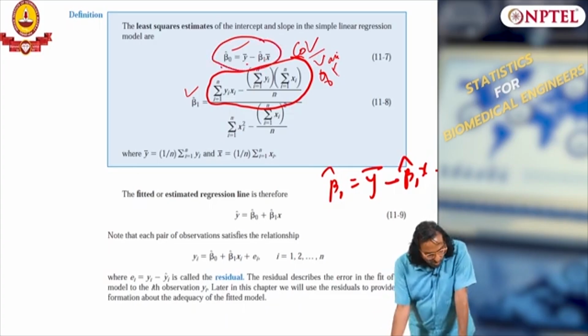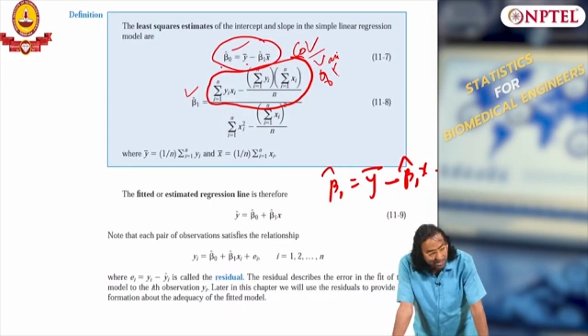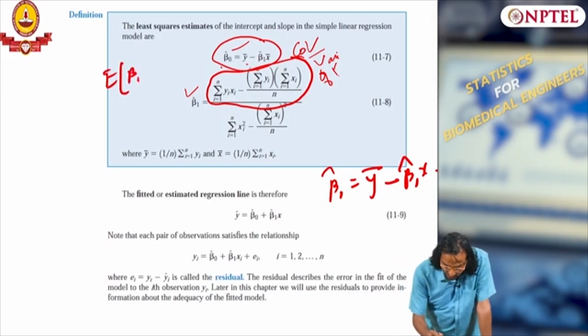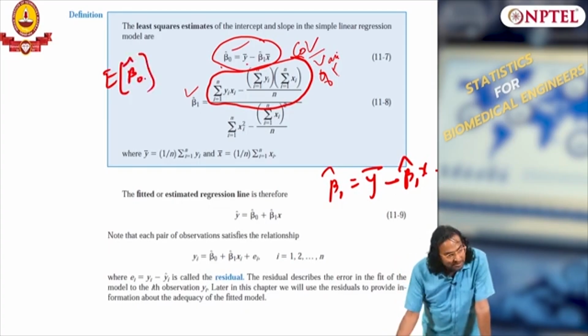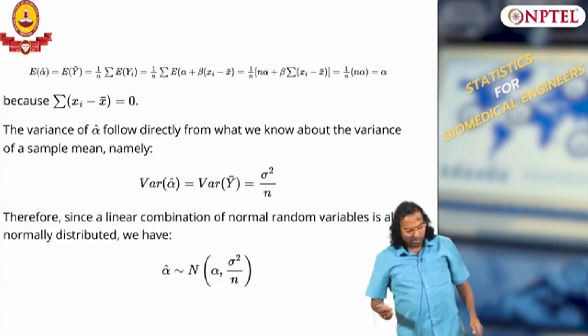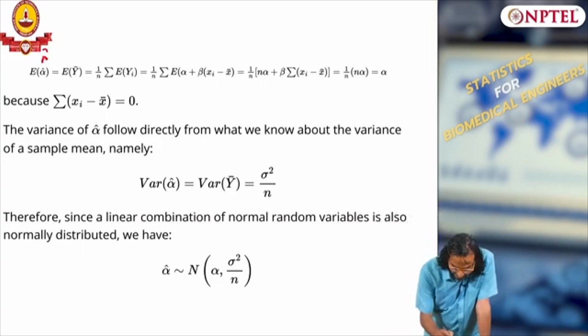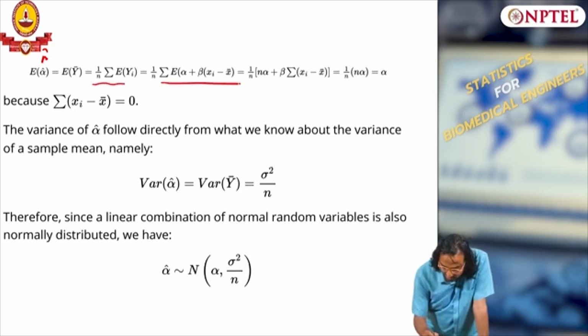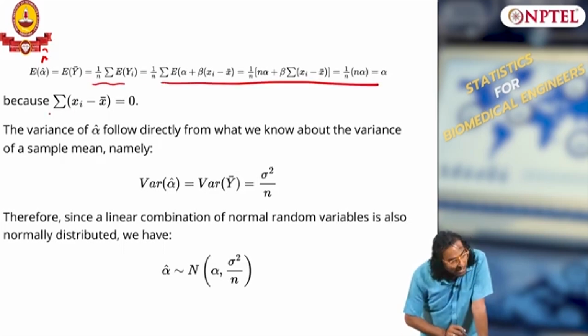And now what is the expected value of beta naught? Is it going to be 0? This is my expected value of beta naught hat. What is the expected value of beta naught hat? Expectation of beta naught hat is nothing but expectation of y bar minus beta 1 hat x bar, which I have derived here, okay.